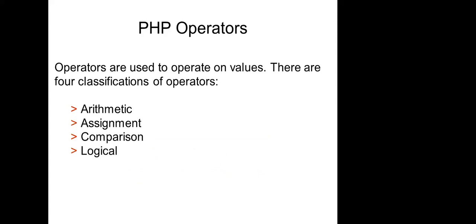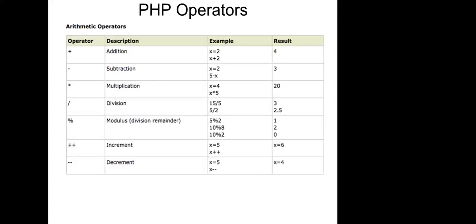Operators. All programming languages require operators, and you are aware of operators: arithmetic operators, assignment operator, comparison operator, logical operator. All these operators are present in PHP. If you try to see in detail, here I have a brief table with all the operators. The addition operator is the plus sign, used to do the addition operation, correct?